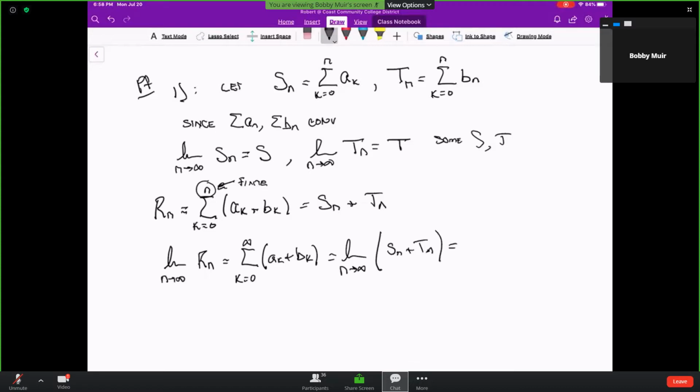Using our limit laws, we see that's going to be S plus T. And now that's the sum 0 to infinity of the an's plus the sum k equaling 0 to infinity of the bn's. And it worked.